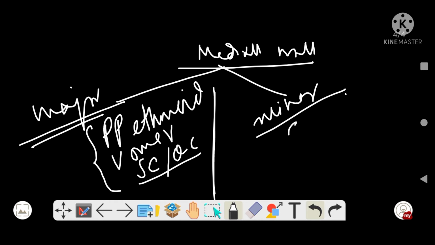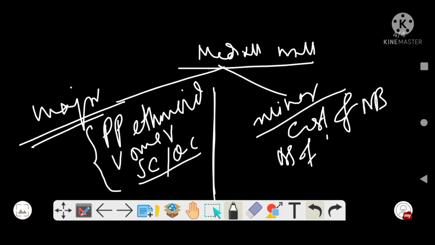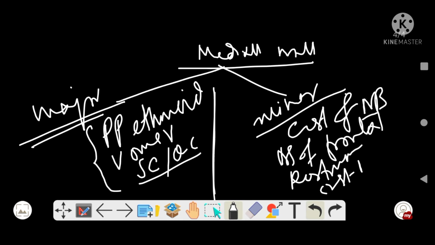And minor contributions are the crest of nasal bone, nasal spine of frontal bone, rostrum of sphenoid, crest of maxilla and crest of palatine bone.